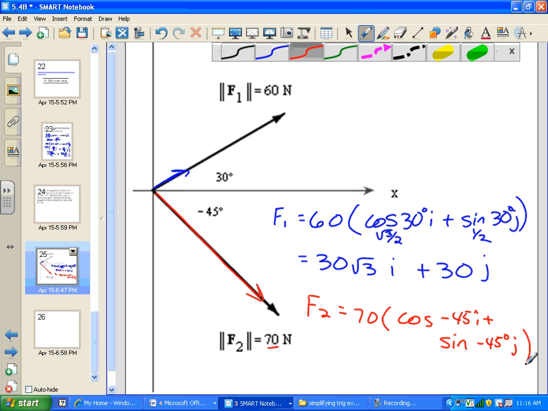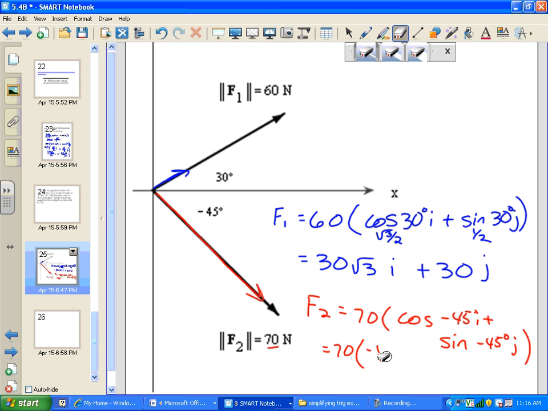Now, let's imagine, what's the cosine of negative 45 degrees? Square root of 2 over 2. So it's going to be 70 times, is it negative?